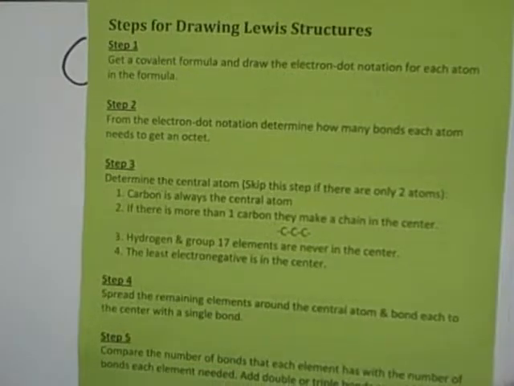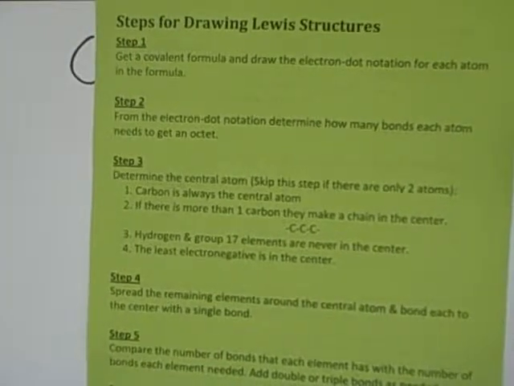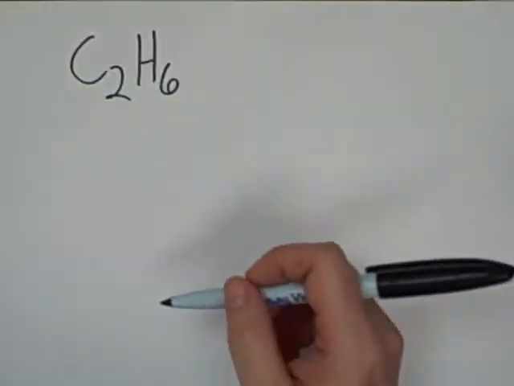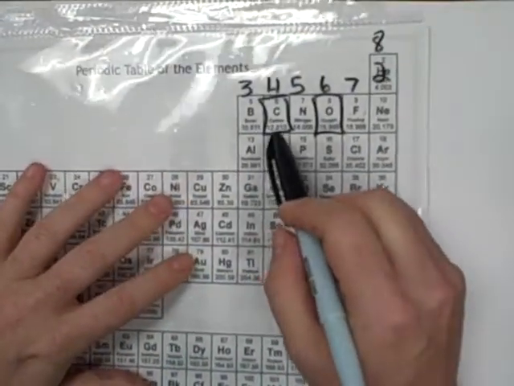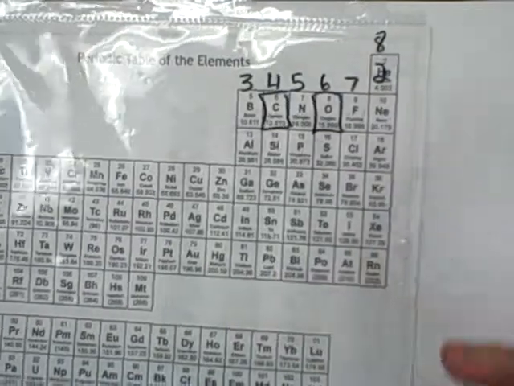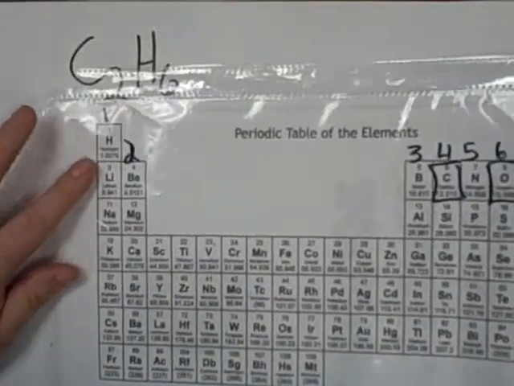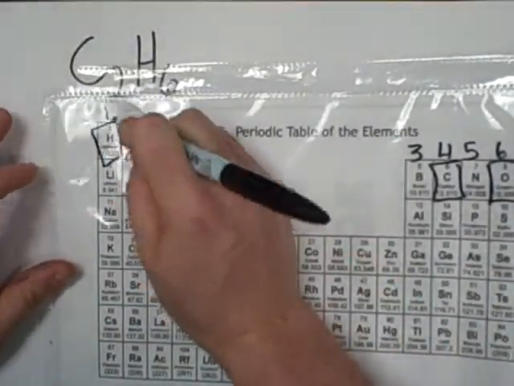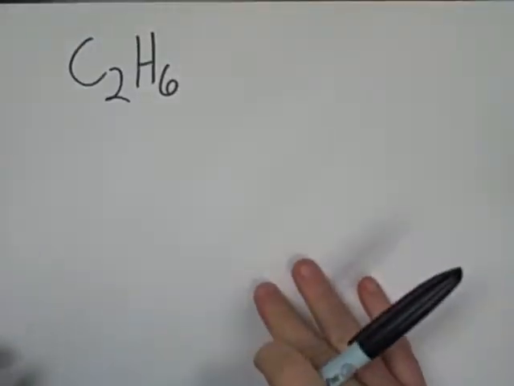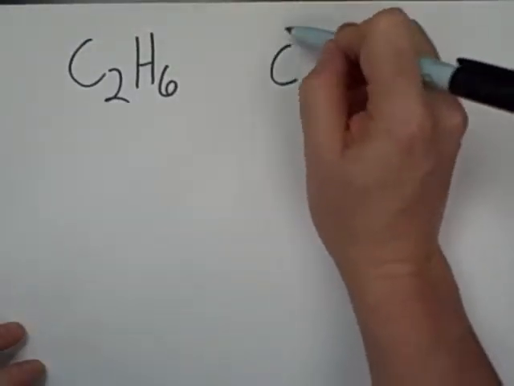Step 1, draw the electron dot notation for each atom in the formula. Carbon, as we know, already has 4 valence electrons. Hydrogen, on the other hand, in group 1, has 1 valence electron. Carbon, 4 dots.